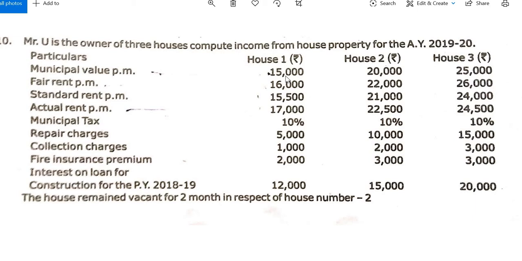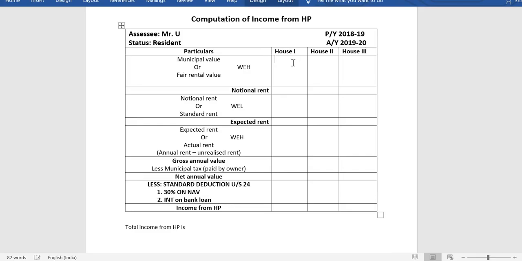Multiply with 12, because there are 12 months in a year. So 15,000 into 12, you will get 1,80,000 rupees.